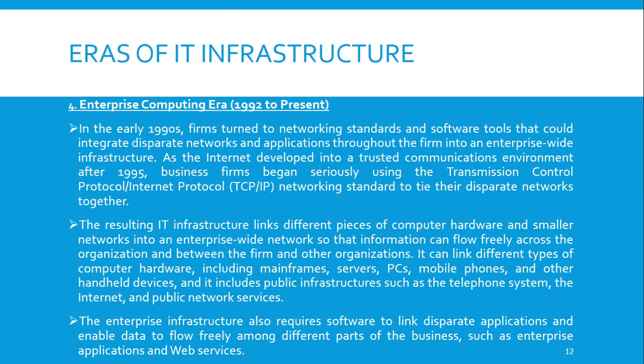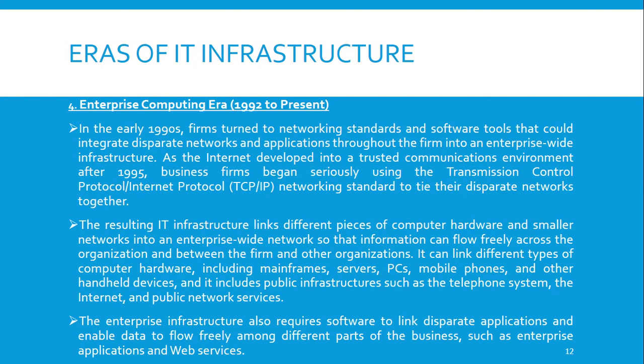As the internet developed into a trusted communications environment after 1995, businesses began seriously using TCP/IP, which stands for Transmission Control Protocol and Internet Protocol, networking standard to tie their disparate networks together.